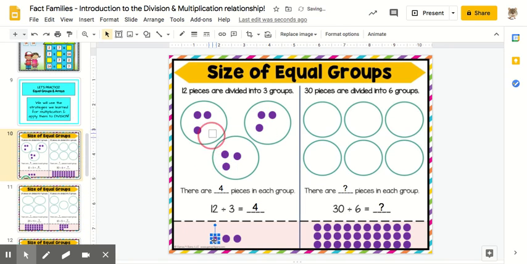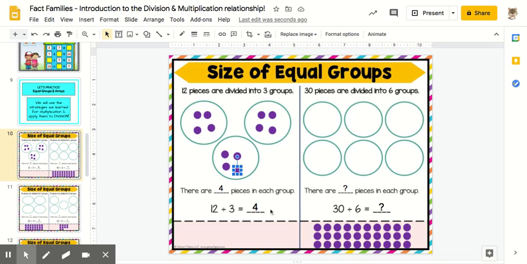Now, a quicker way to count up to 12 sharing in is to count by threes up to 12. So if I use my fingers and I count 3, that's 1 finger, 6 is 2 fingers, 9 is 3 fingers, 12 is 4 fingers.